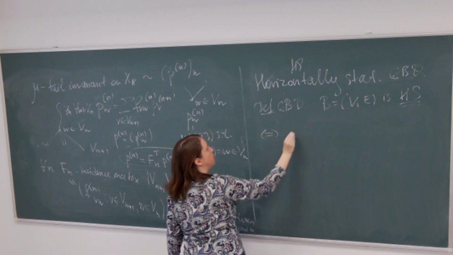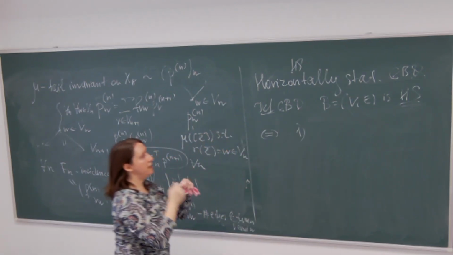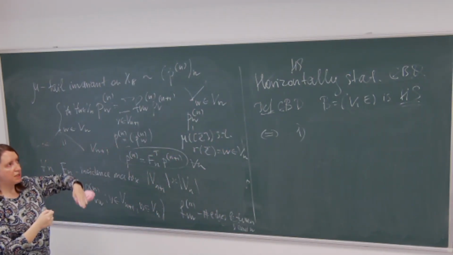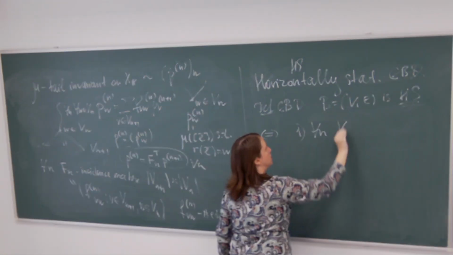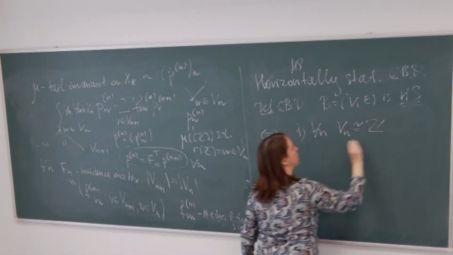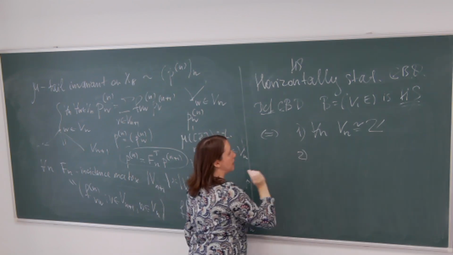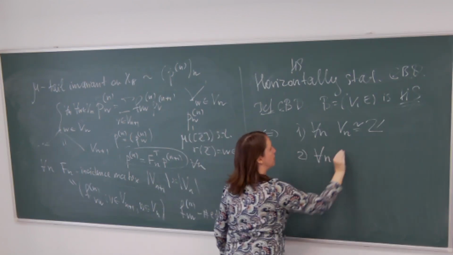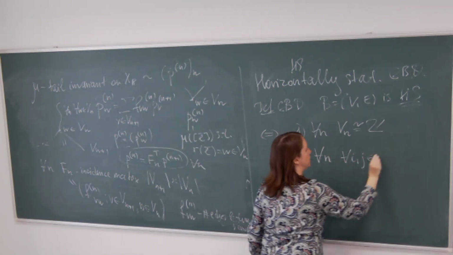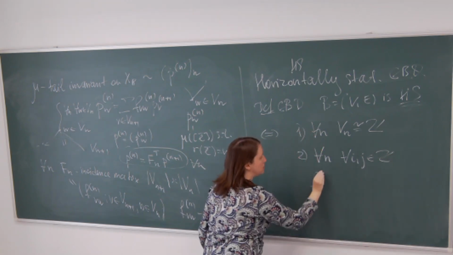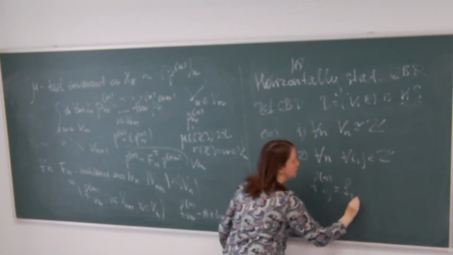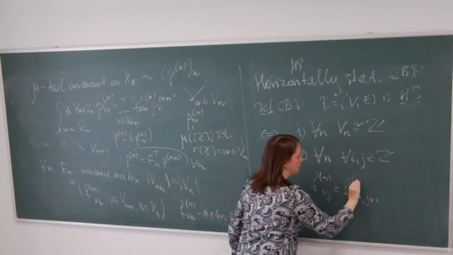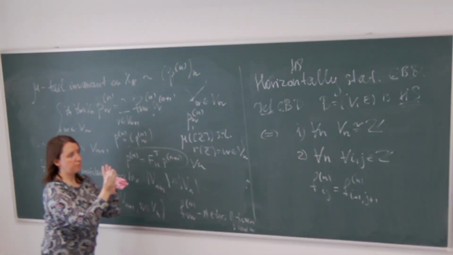If and only if, first, we enumerate vertices on each level with integers. So for every n, let's say we identify V_n with Z. And secondly, for every n and every i, j in Z, we want the element (i,j) of the nth incidence matrix to be the same as the element (i+k, j+k).